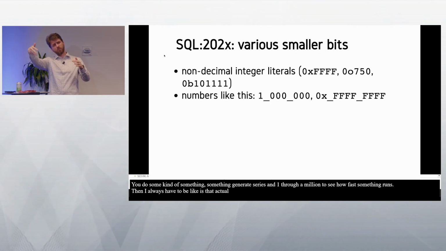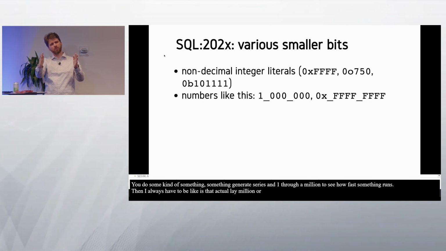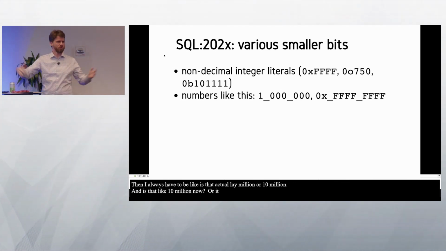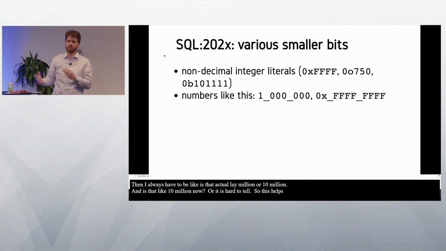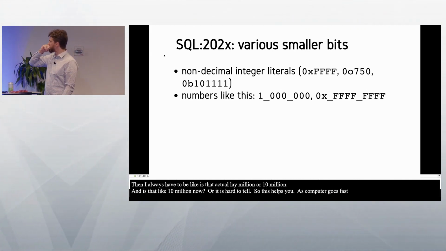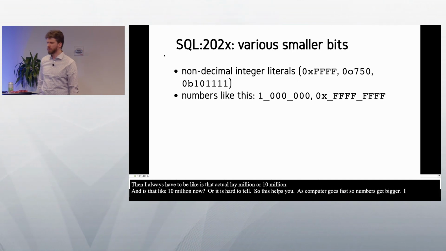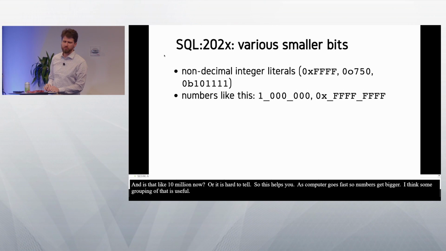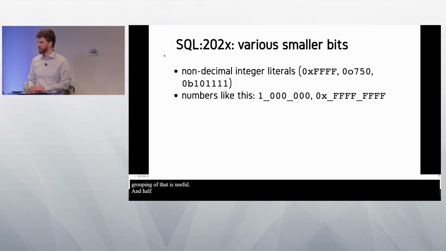And then you increase the number until you get a good runtime, and it's like, is that 10 million now? It's hard to tell. So this helps you with that. As computers go faster, the numbers get bigger, so having some grouping of that is useful. I've started working on that. Half a patch was already posted for Postgres 15, but I do hope to finish that by Postgres 16.